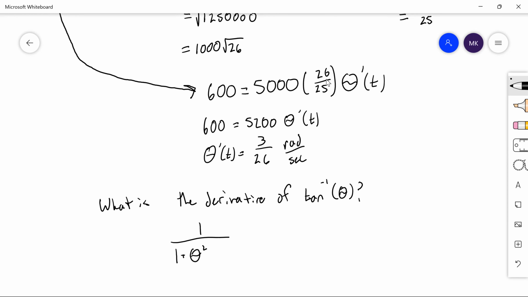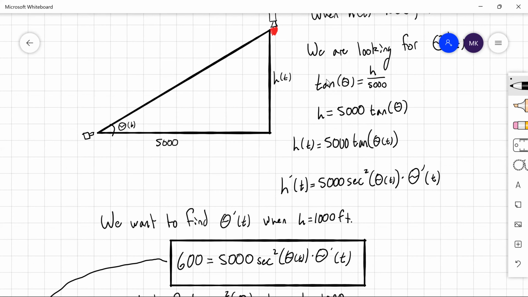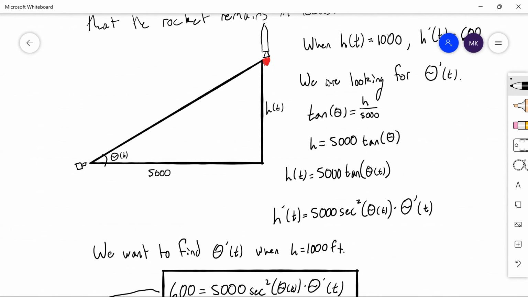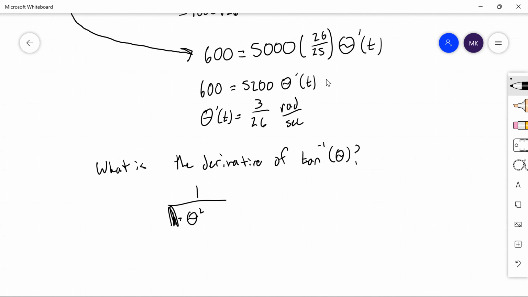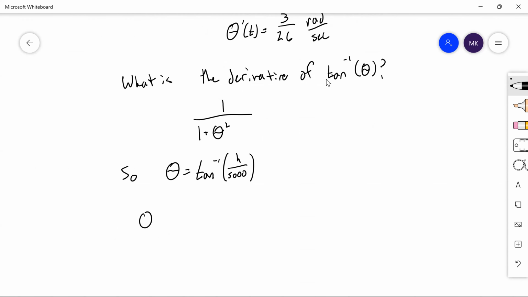So doing that, we would have had theta equal to inverse tangent of h over 5,000, and theta prime of t would be 1 over 1 plus (h over 5,000) squared, times 1/5,000.